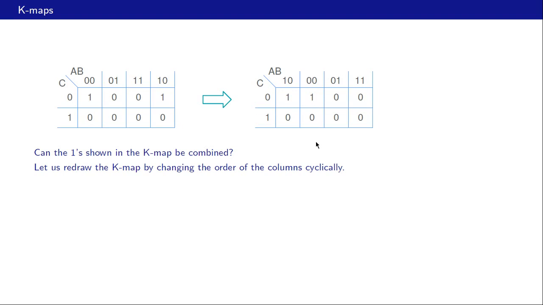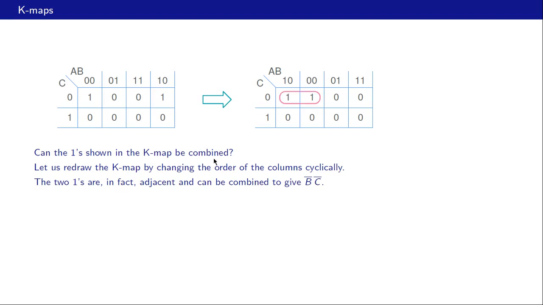So by doing that, we are not really changing the function. The function is still what it was. All we have done is rearrange the entries in the K map. And now we see that these ones have come next to each other. So the two ones are in fact adjacent and can be combined like that.